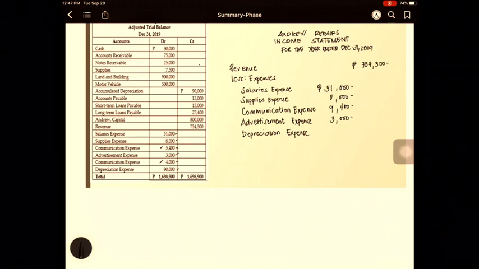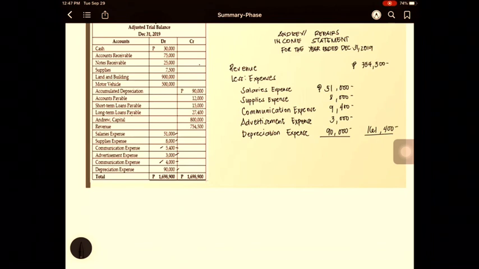Alright, your depreciation expense amounting to 90,000. So you total and put it beside how much is the total expenses incurred now by the business. So that would be 51,000 plus 8,000 plus 9,400 plus 3,000 plus 90,000 pesos. So we have a total of 161,400.